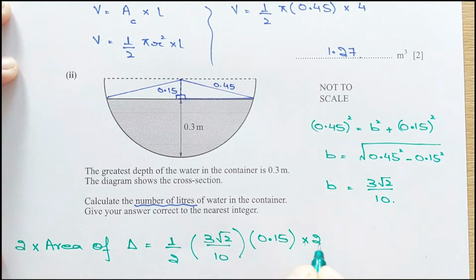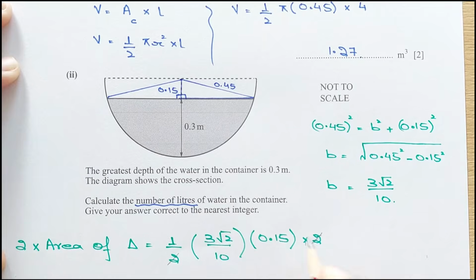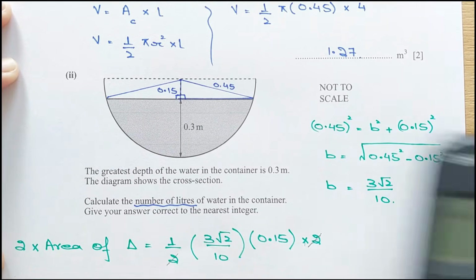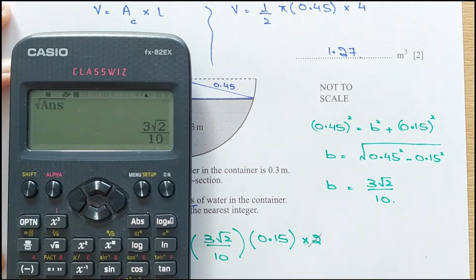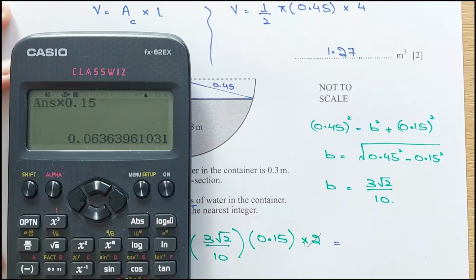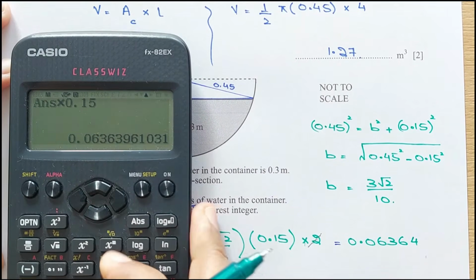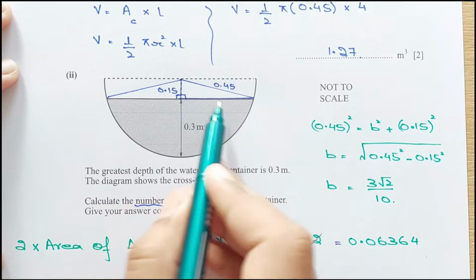When we times by 2, we can easily cancel this 2 and this 2, right? So this is multiplied by 0.15 times 0.15, and this is the area. This is equivalent to 0.0634. The 3 is rounded to 4, right? So this is the area of the two triangles.